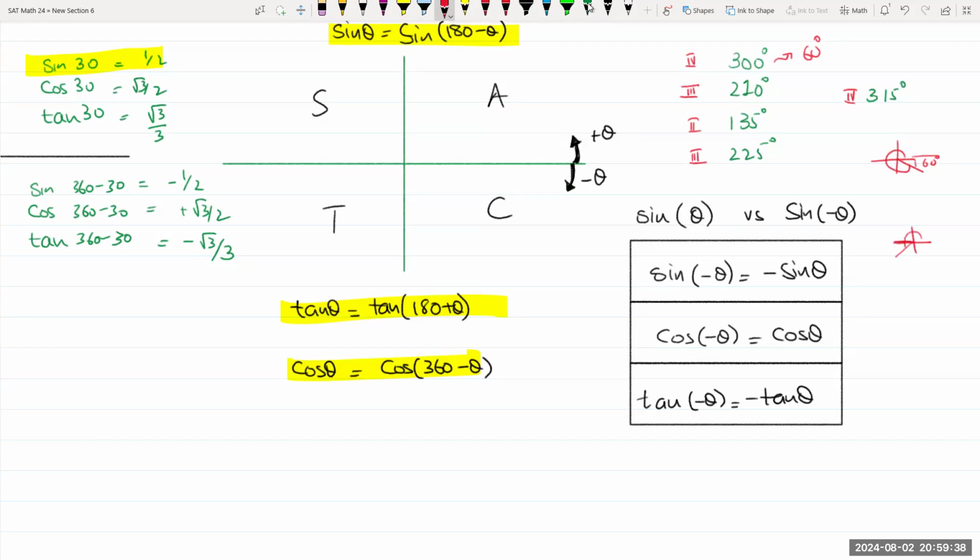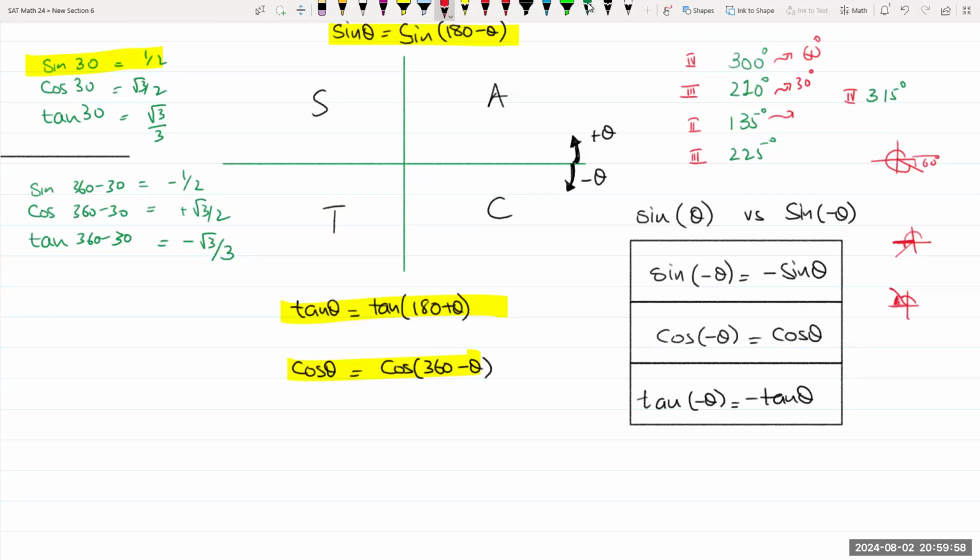How many degrees does it exceed 180? It exceeds 180 by 30 degrees. That's the basic angle. 135 is in the second quadrant. How many more angles does it need for 180? What's the basic angle then going to be?